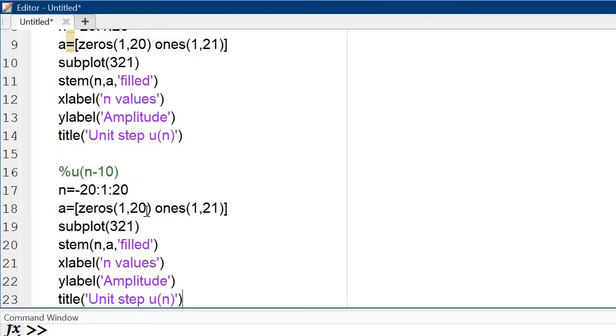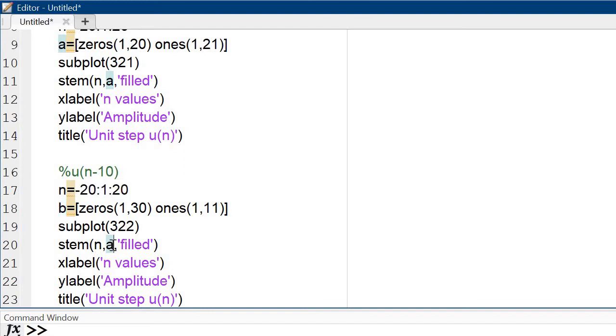Now, in the case of n minus 10, this one changes into 11, because our signal starts from n equal to 10, and before that, this is 30.